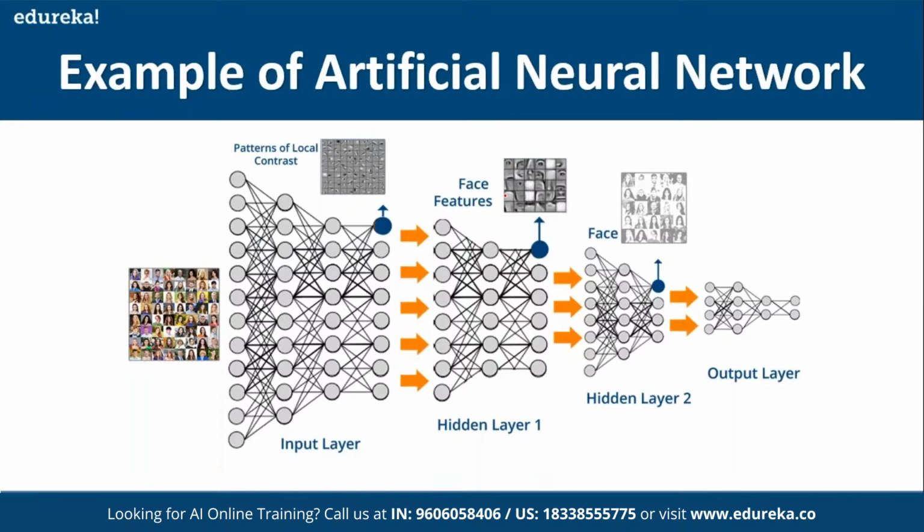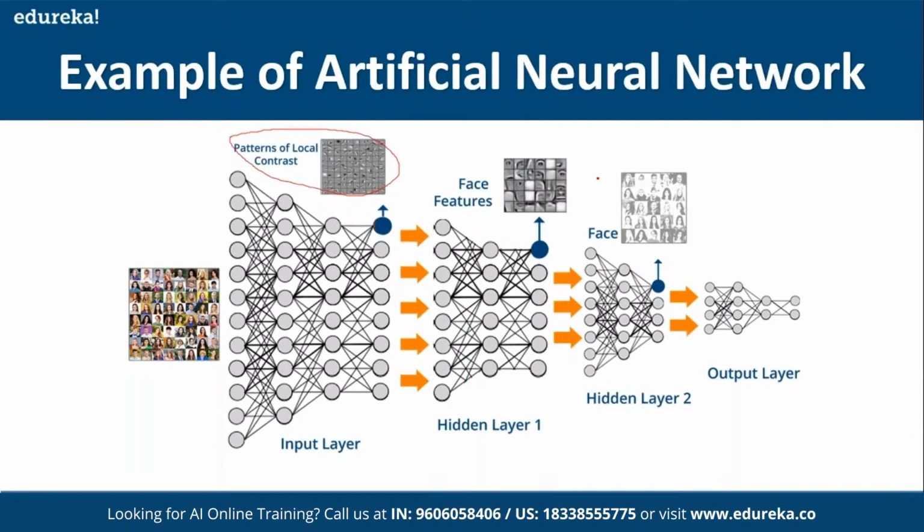You first try to identify the various faces, which are patterns of local contrast, because in a group photo there can be multiple other objects: people, benches, sky, outdoor or indoor. So you first concentrate on the faces, which are patterns of local contrast.